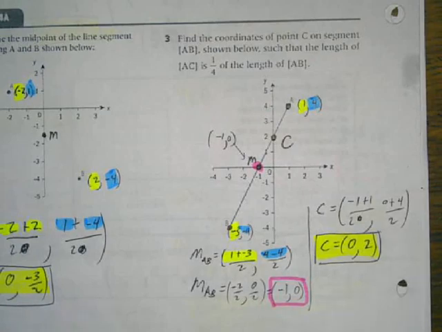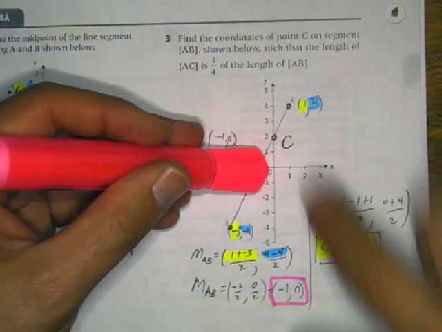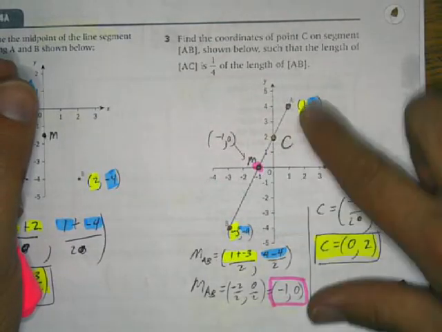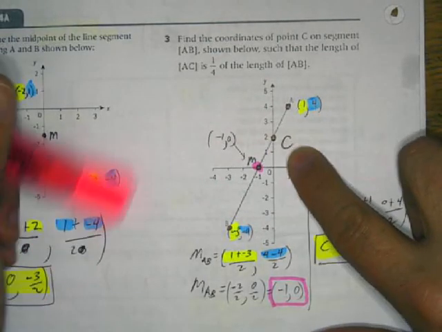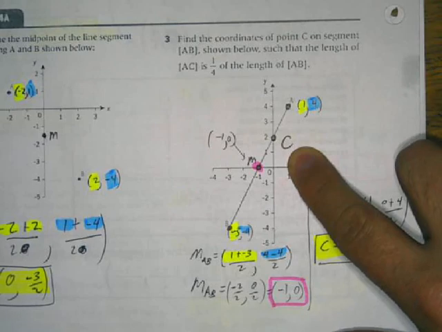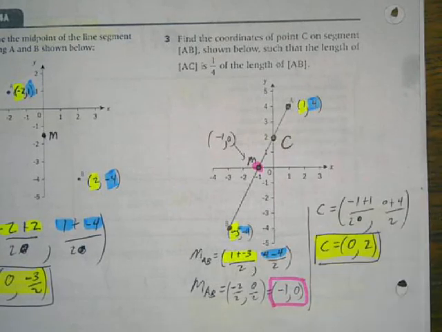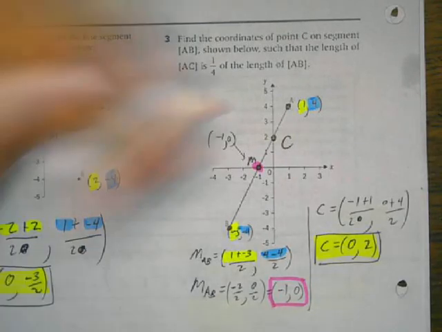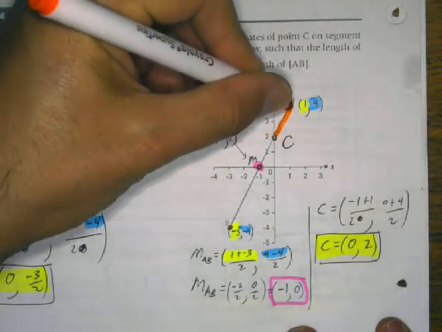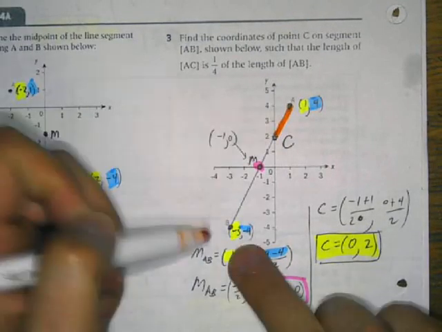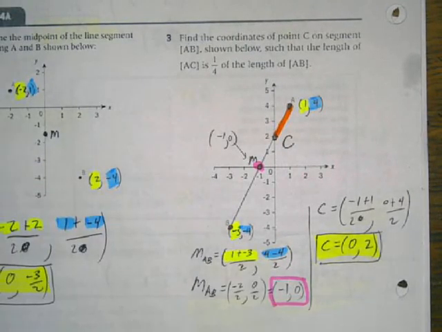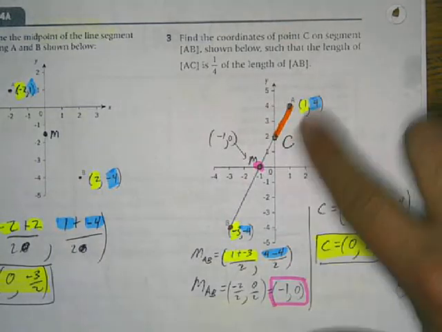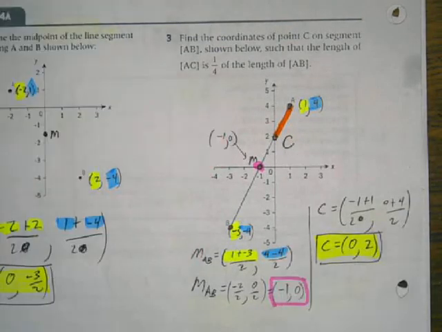Okay. Then using this point, I found the midpoint from here to A, and I called that C because we're trying to find the length of AC. And AC has to start at A and go 1/4 the length from A to B. Okay, so how do I figure out the coordinates of C?